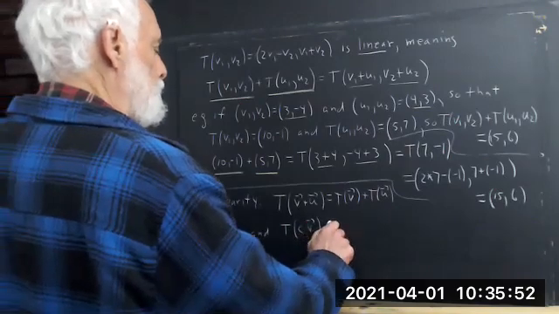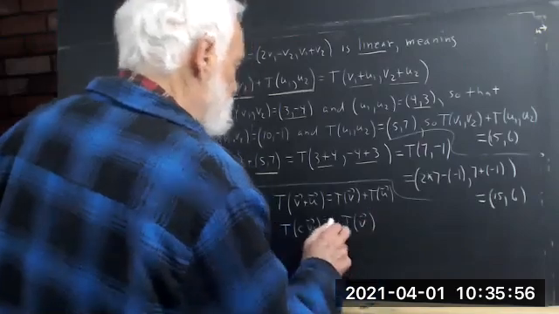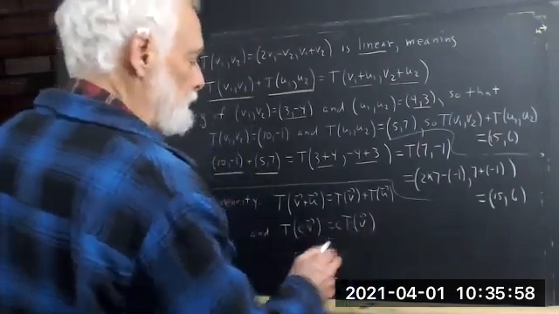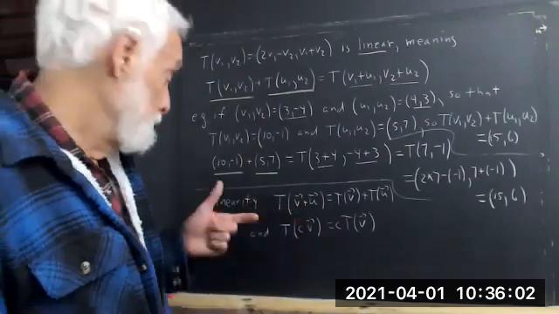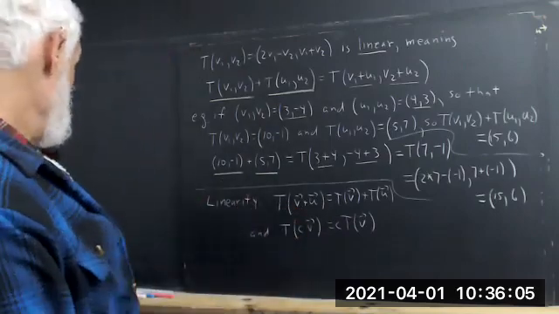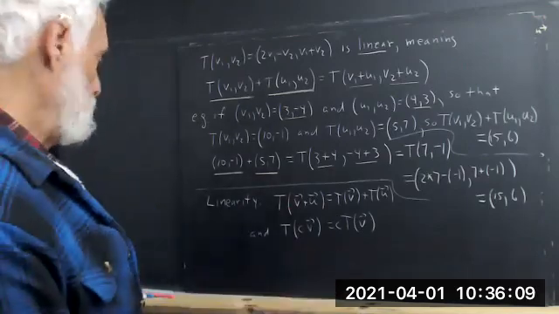Also, T of some multiple of V is equal to that multiple of T of V. Now that kind of follows from this, but we generally list it as a separate criterion for transformations.